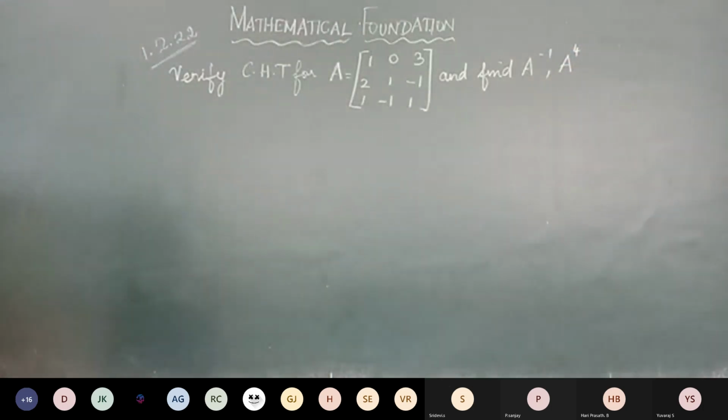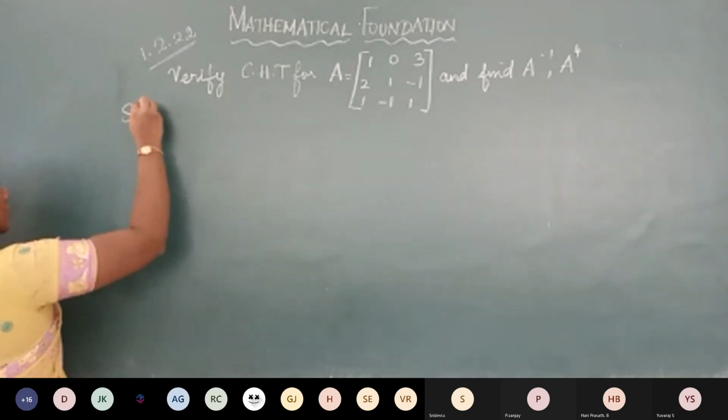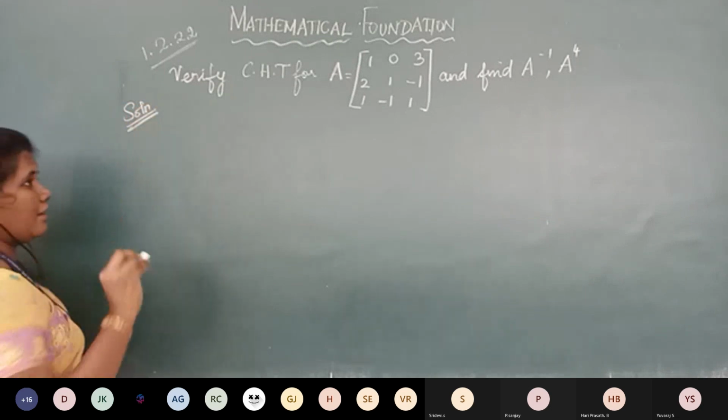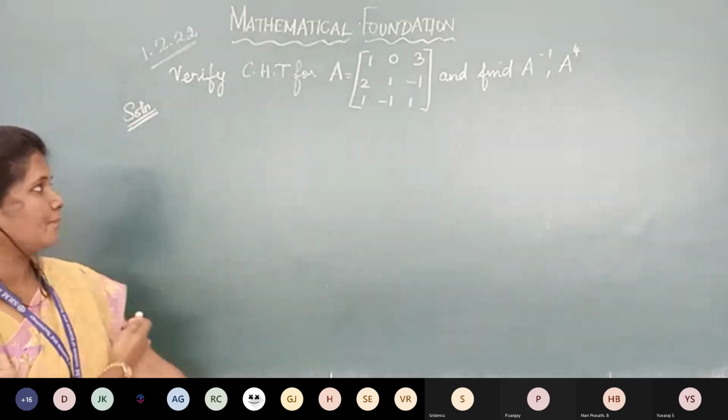First, find your characteristic equation. It is a 3 cross 3 matrix. First, write the formula for a 3 cross 3 matrix. What is your formula?